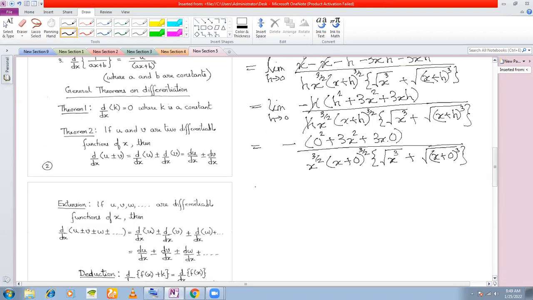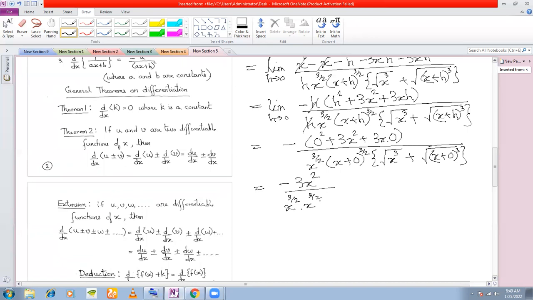So that means now we get here minus 3x square simply in the numerator, right? And in the denominator, we are going to get x to the power of 3/2 into x to the power of 3/2, (x + 0) to the power of 3/2 means x to the power of 3/2.